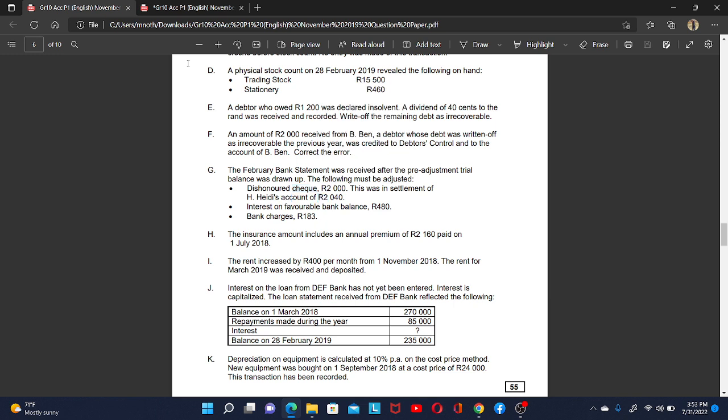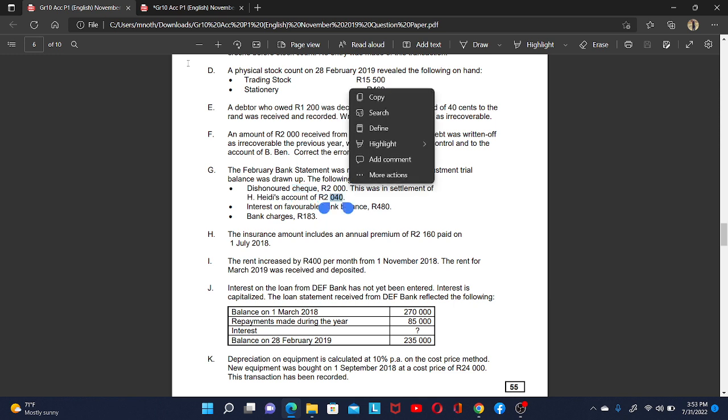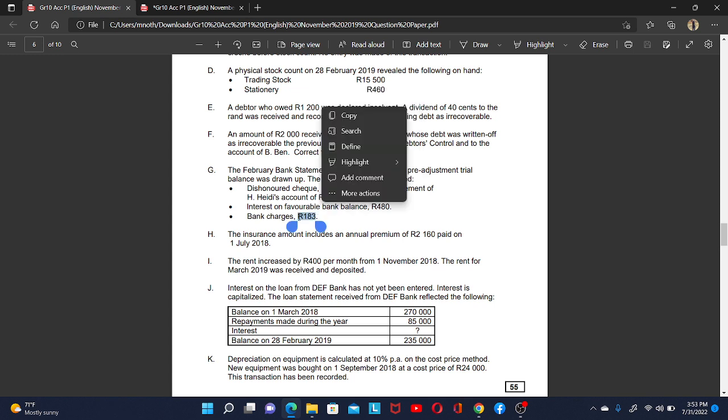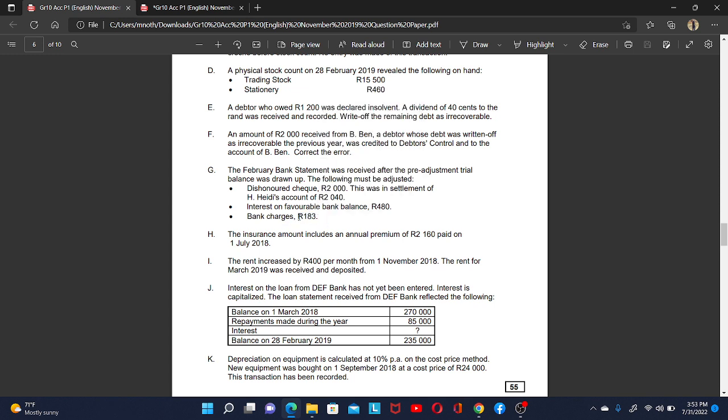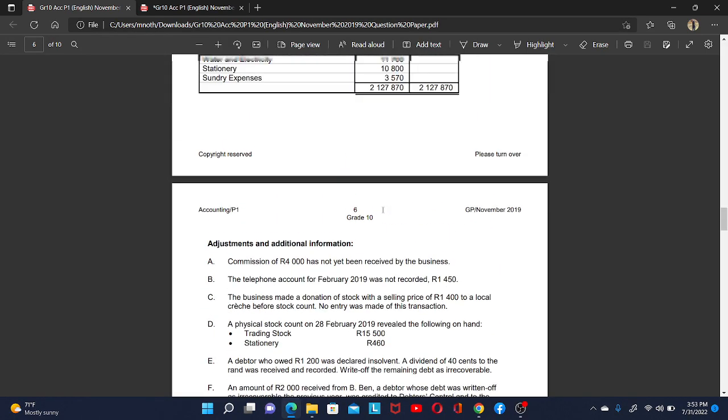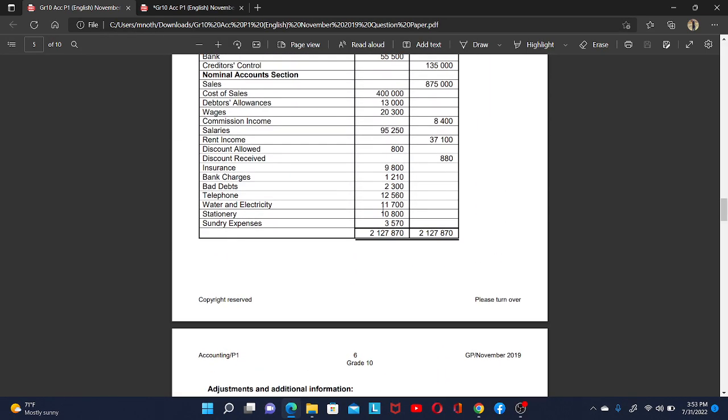So now we have to cancel this discount, so we have to go and subtract it. And then interest, we're going to deal with the interest at the end. And then we have the bank charges.